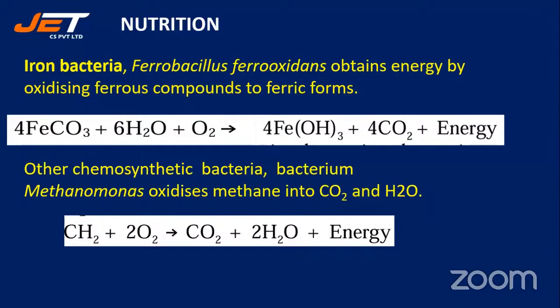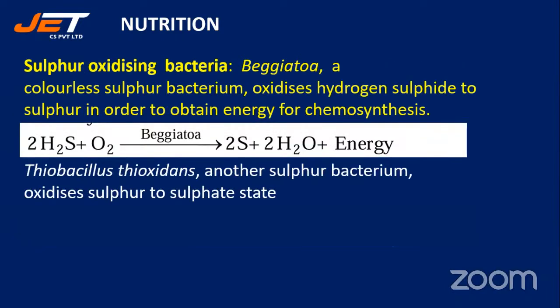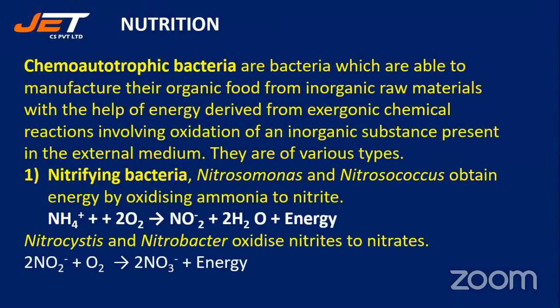Okay. What are the iron bacteria? Iron bacteria are Ferrobacillus ferrooxidans. The reaction is again important. They obtain energy by oxidizing any ferrous compound. Whatever they are performing, they are producing energy by this reaction. And why is this energy needed? This energy is actually needed to convert inorganic raw material into their organic food.